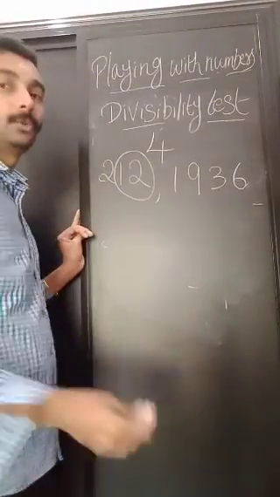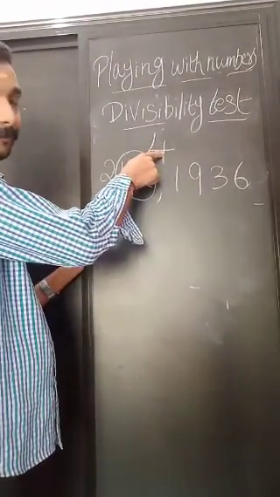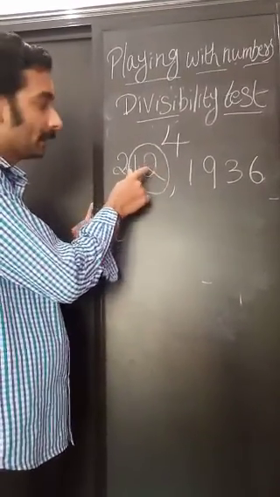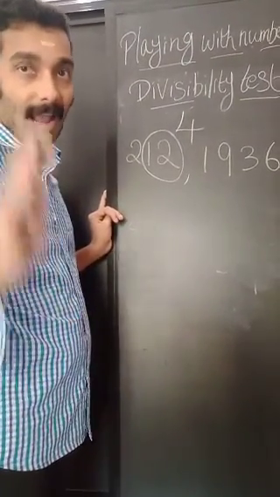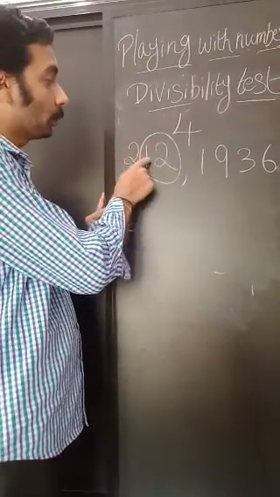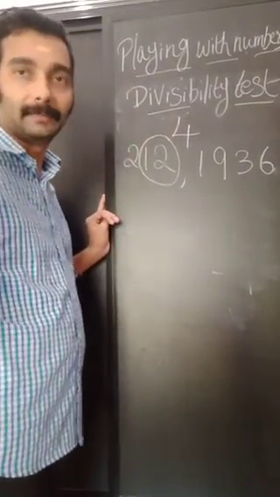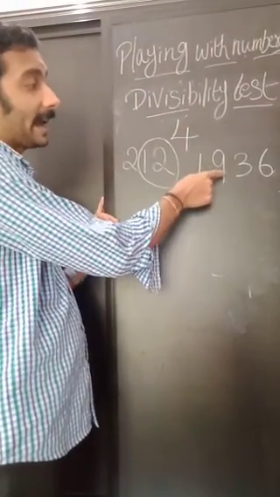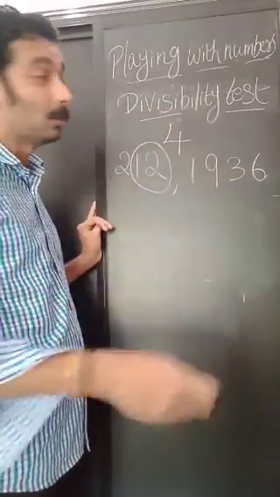Then another example is 1936. For divisibility by 4, we consider the last 2 digits.